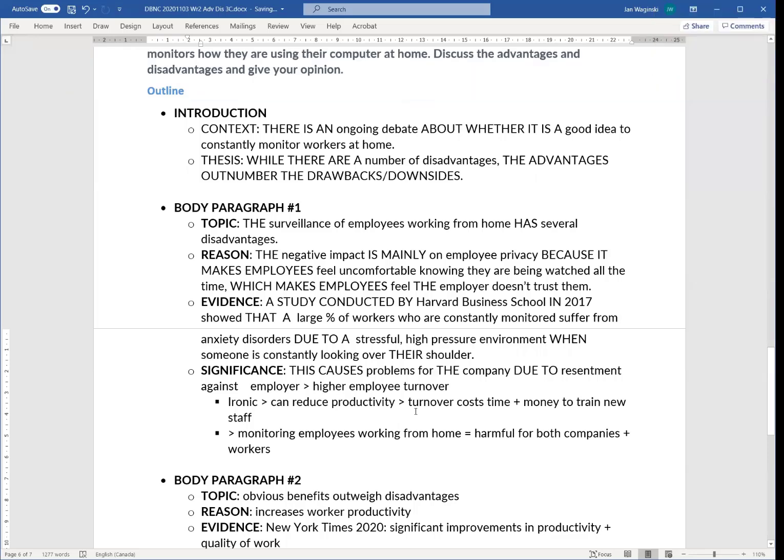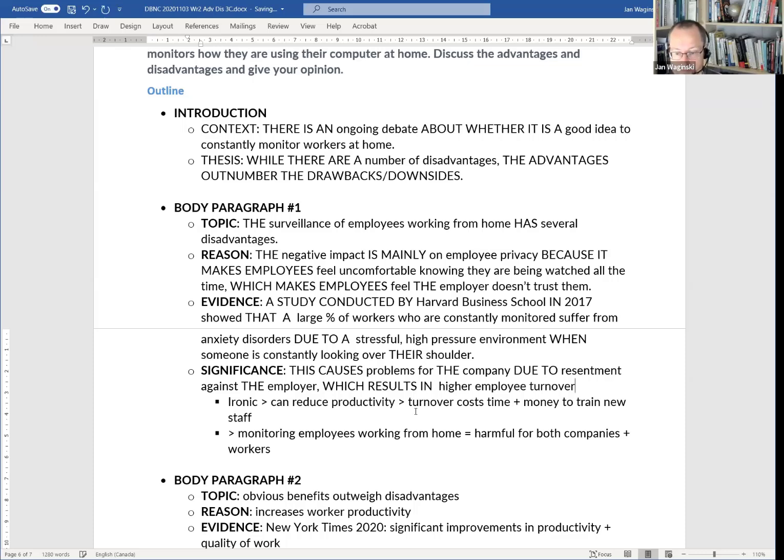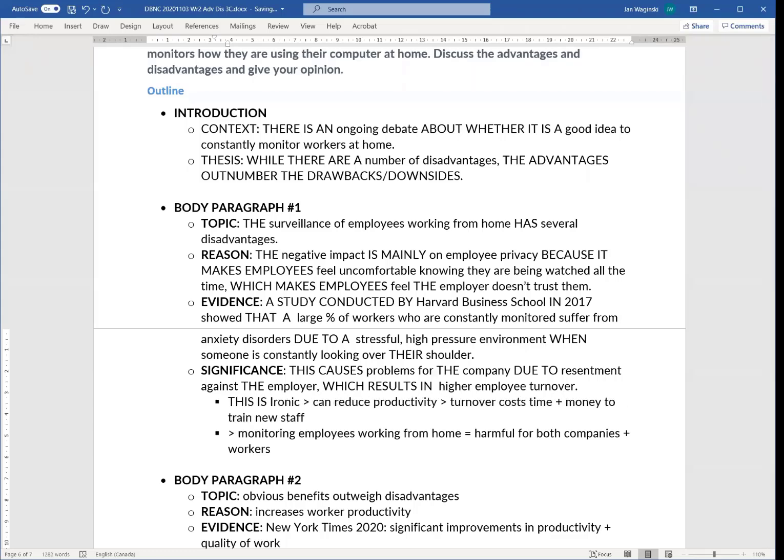Okay, so due to resentment against the employer, which results in higher employee turnover. Careful, employee, not employer.